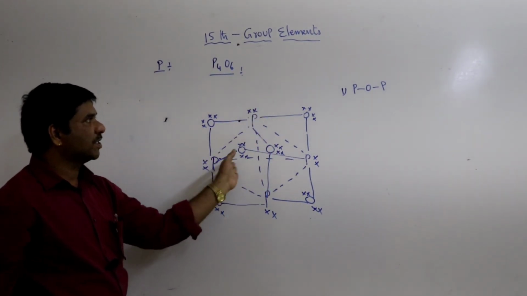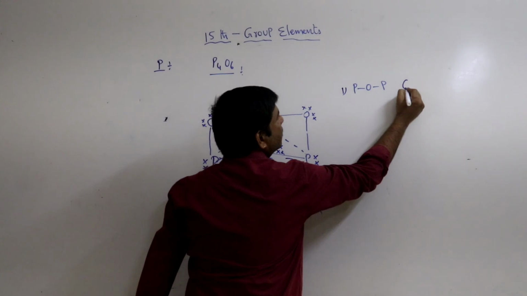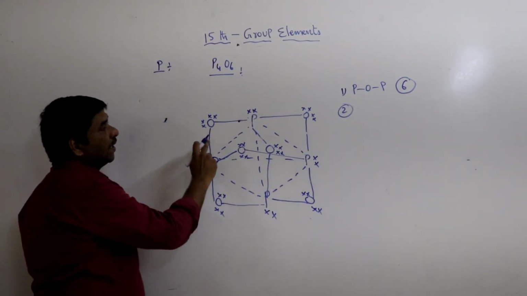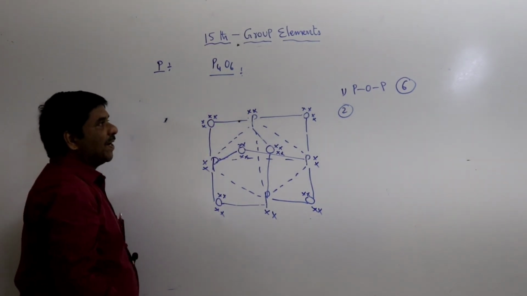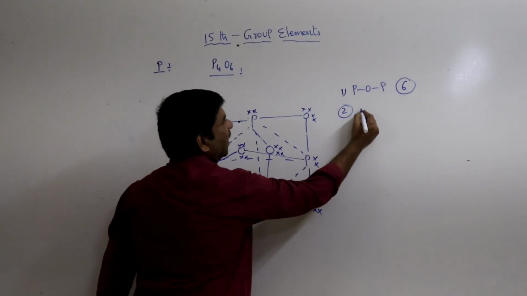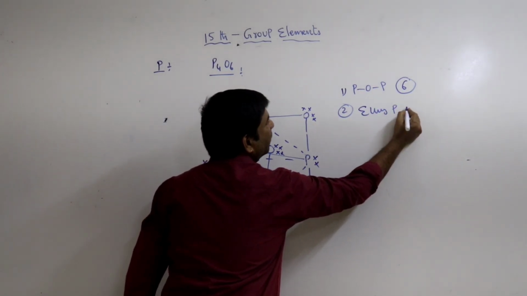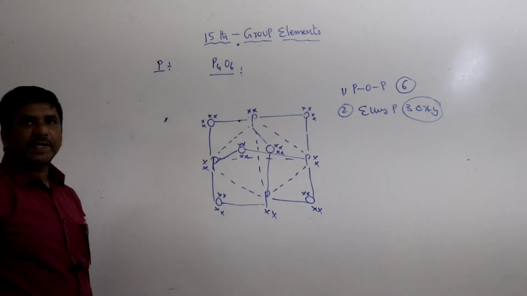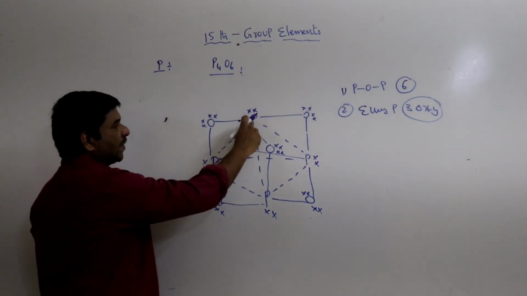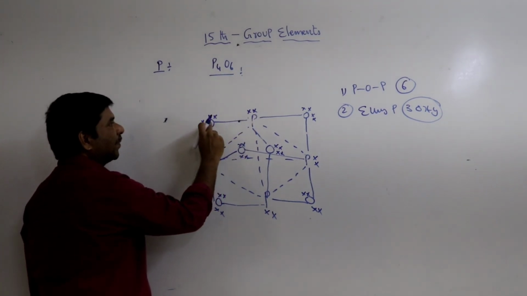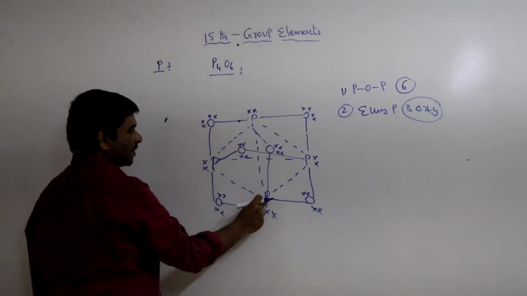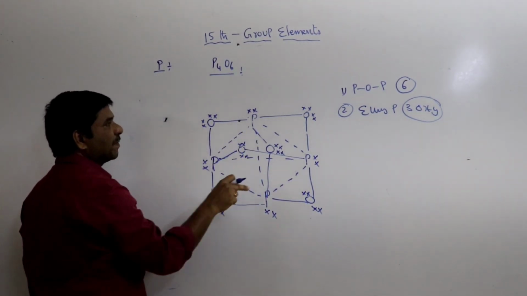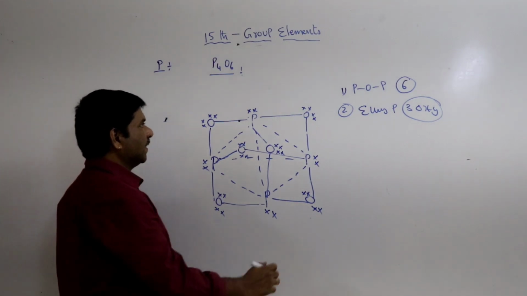Next, every phosphorus is surrounded by 3 oxygen atoms. This is a very important point. This phosphorus is surrounded by 1, 2, 3 oxygen, this one also, and this one also. Every phosphorus is surrounded by 3 oxygen atoms.